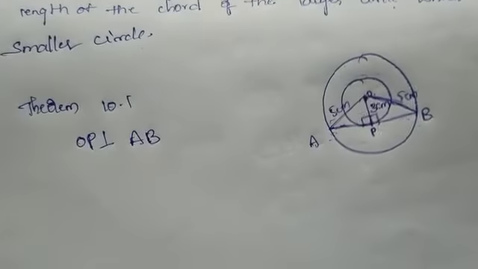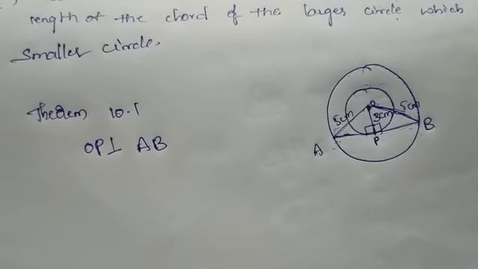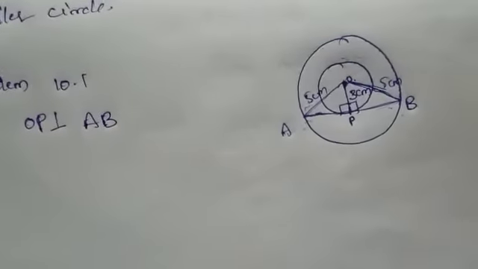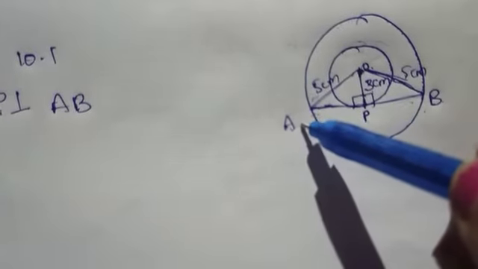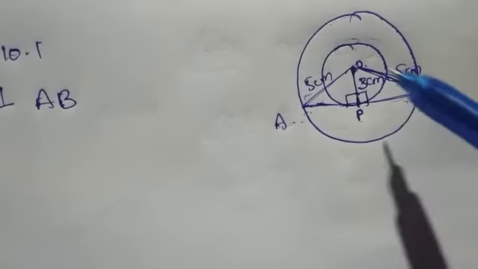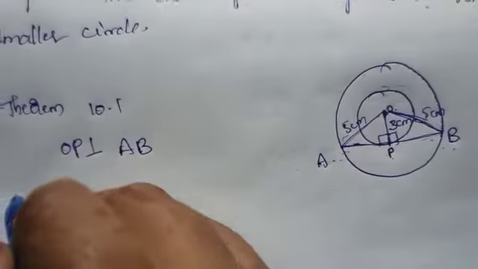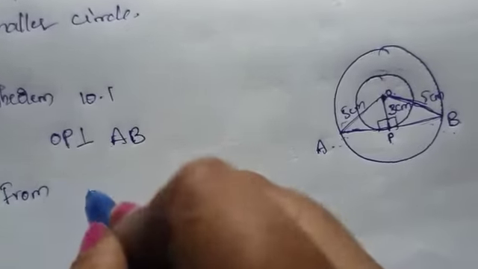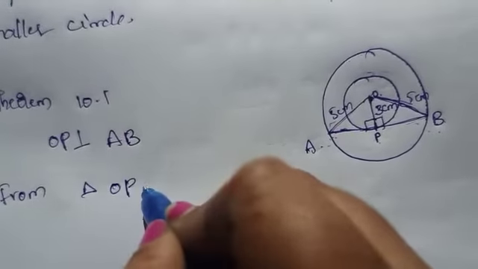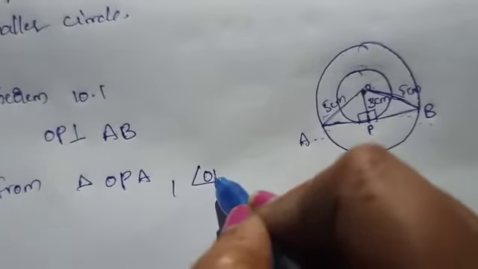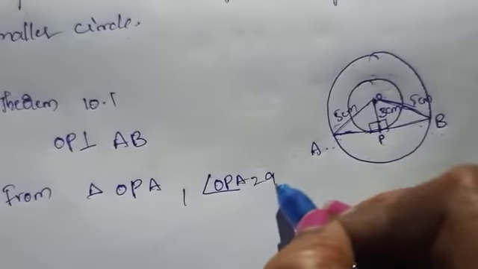Here we get two right angle triangles. They are OPA, one right angle triangle, and OPB, another right angle triangle. From triangle OPA, angle OPA equal to 90 degrees.